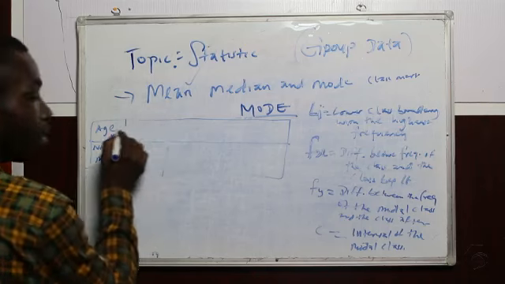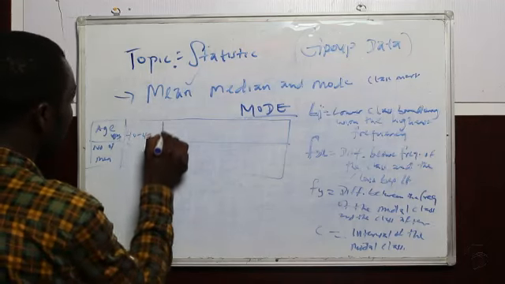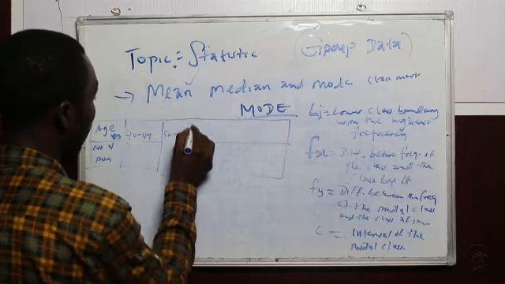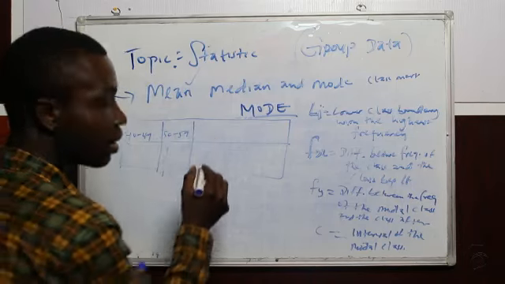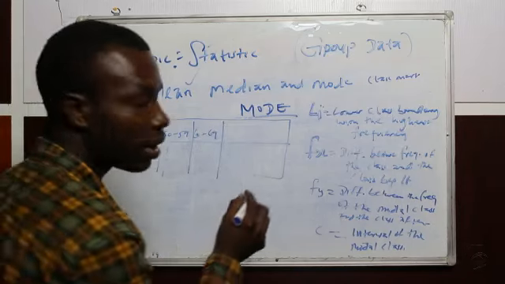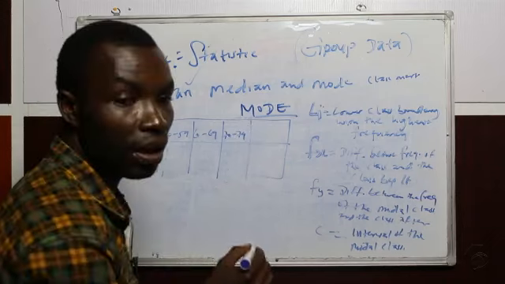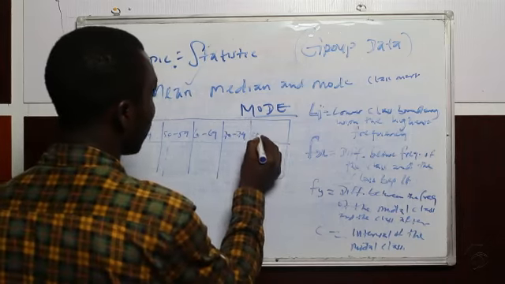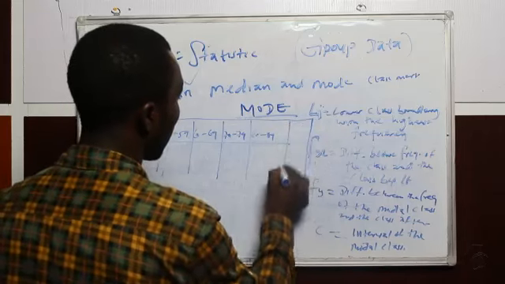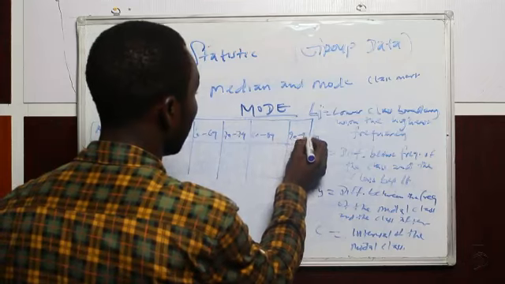Here we have 40 to 49, then 50 to 59, 60 to 69, then 70 to 79, 80 to 89, and the last one, 90 to 99.